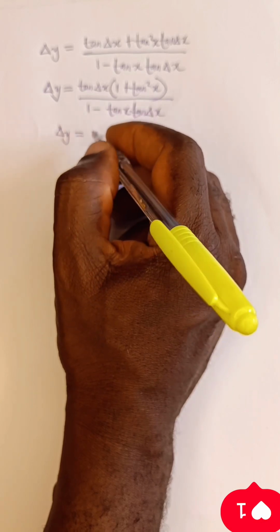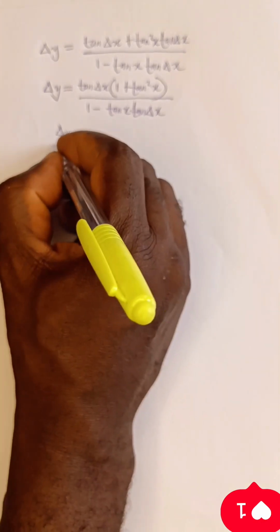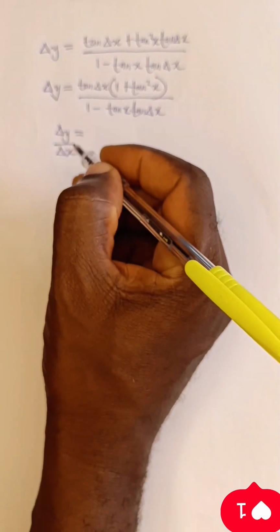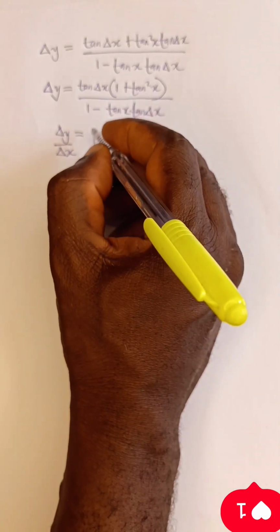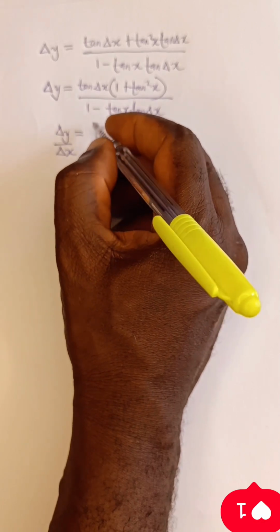That means we divide both sides by change in x. Whatever we do on the left hand side, we must do on the right hand side.